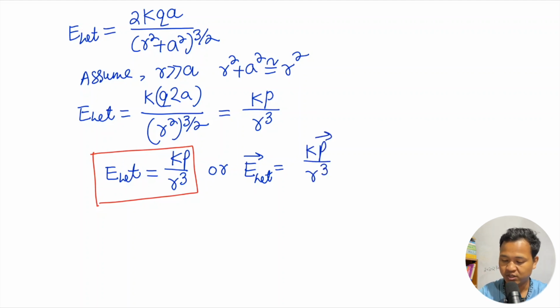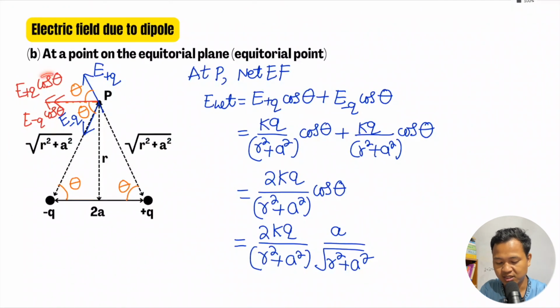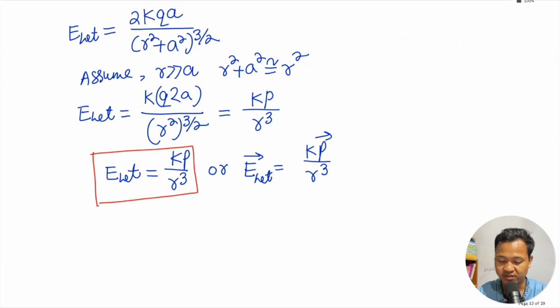One very important thing is the net electric field direction. The dipole direction goes from negative to positive, so this is p cap. The net electric field is opposite to p cap, so therefore in the final formula you'll have minus p cap here. So now it is opposite to the dipole.